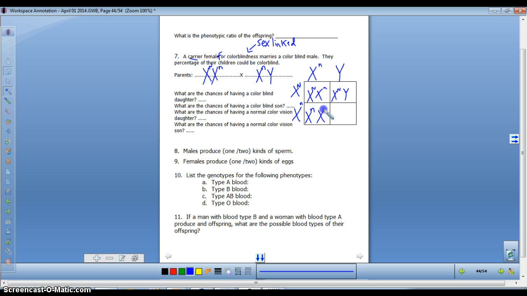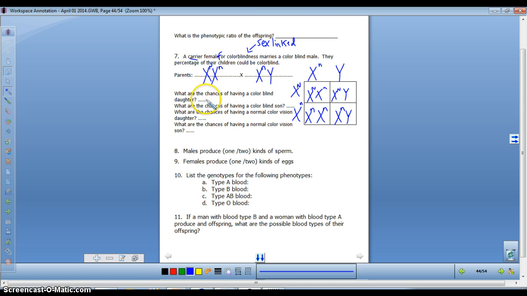Ah, they could have a colorblind daughter. Not very common to have colorblind females. All right, so here is the probability of traits. Carrier female, normal male, colorblind female, colorblind male.